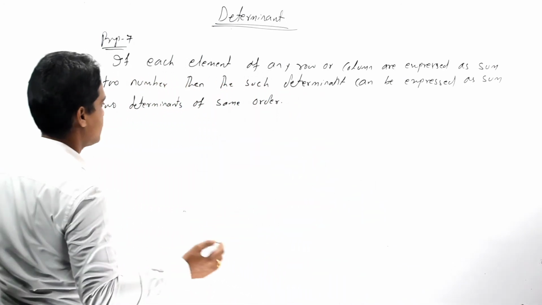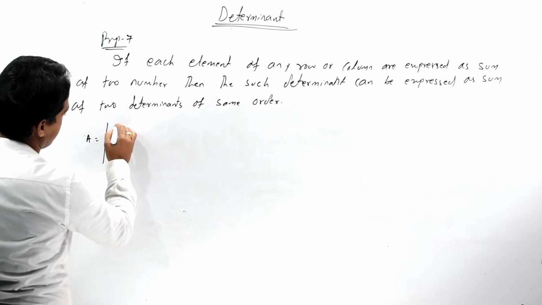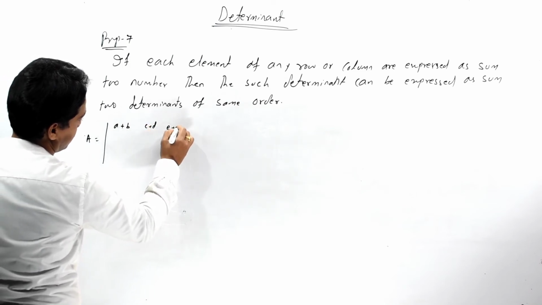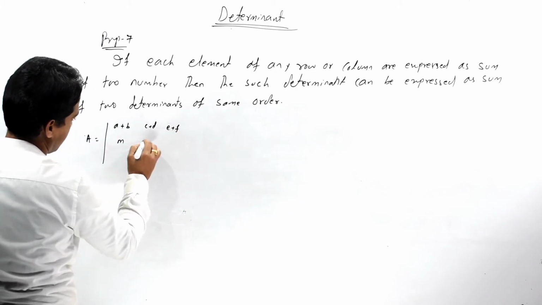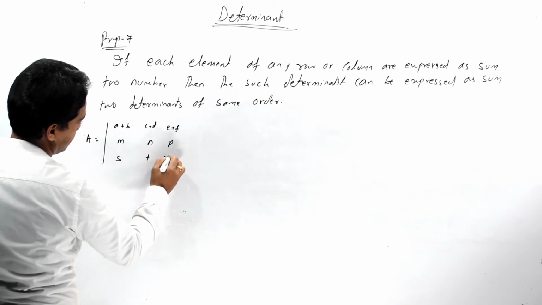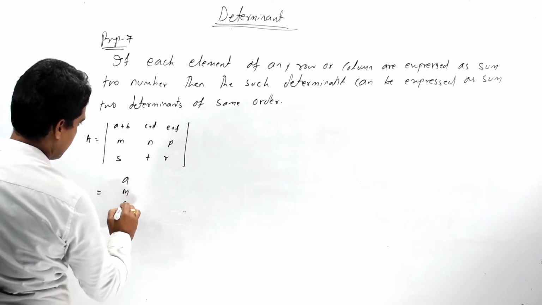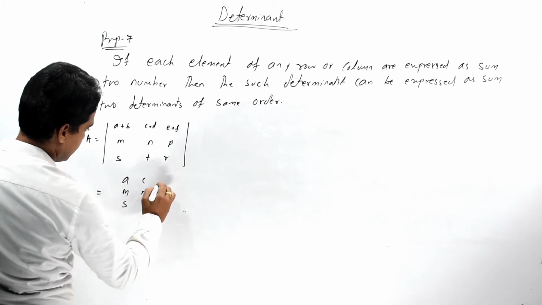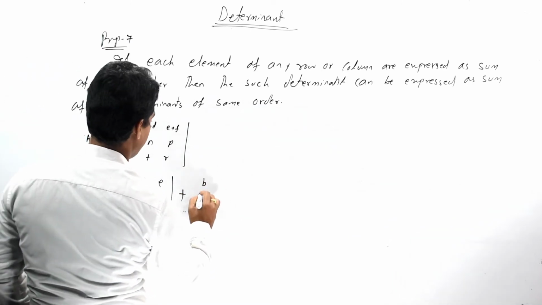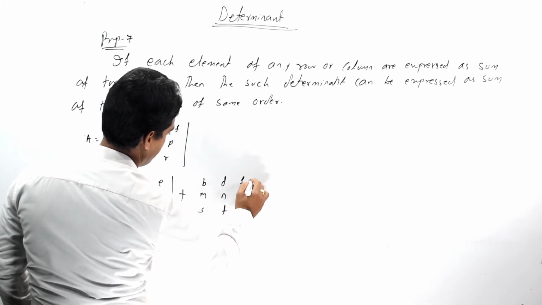Let's take an example. Suppose our A is the determinant of a plus b, c plus d, e plus f, then m, n, p, s, t, r. Then it can be expressed as the determinant a, c, e, m, n, p, s, t, r plus the determinant b, d, f, m, n, p, s, t, r.